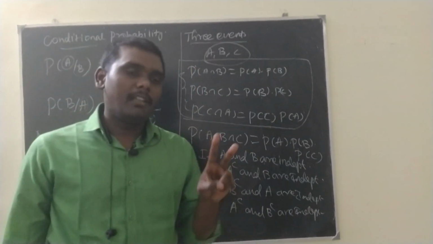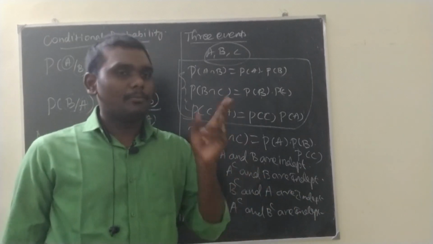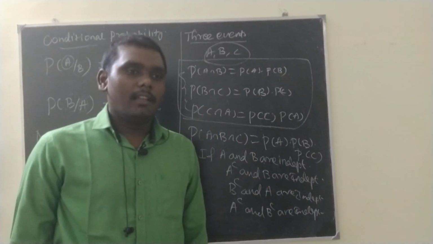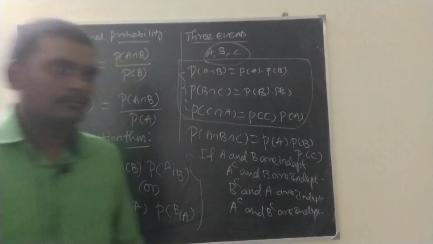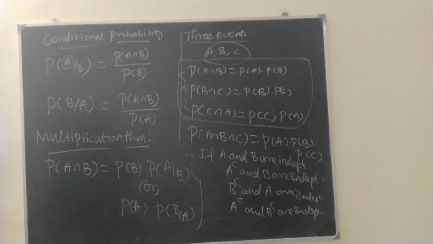So if two events are independent, then one event with the complement of the other, or both complements, are independent events. Clear? Okay, then we will move to the questions.